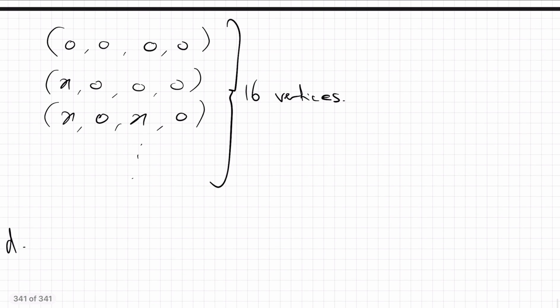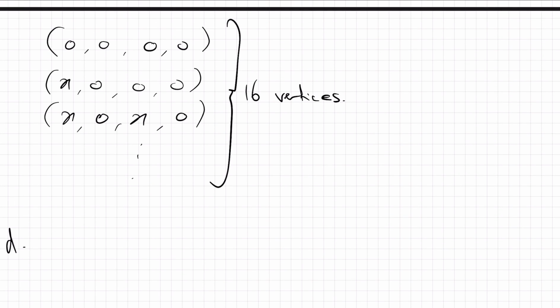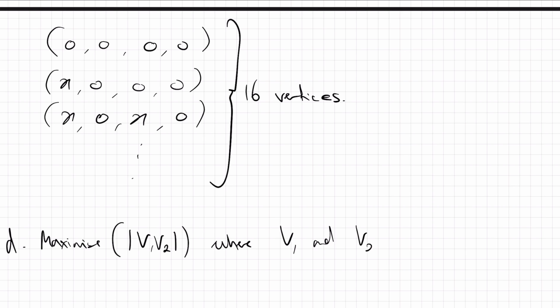Yeah, so I think this is asking for in terms of tesseract, but the general case isn't even that much harder. But essentially, we're looking for the longest distance between any of these 2 vertices. So we're essentially trying to maximize the distance between V1 and V2, where V1 and V2 are vertices of the tesseract.